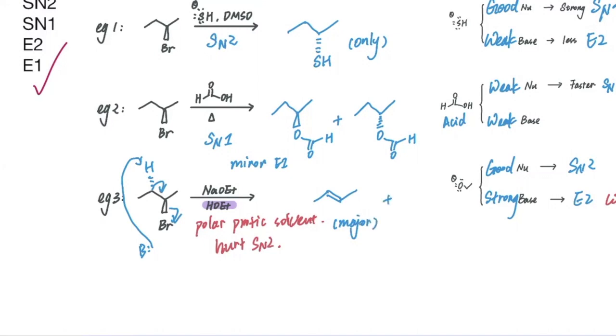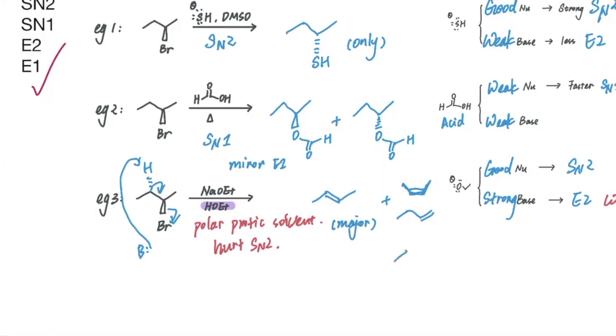And then there is SN2 as well. There are other elimination products as well, so you can write the rest of the elimination products. So that's a double bond, okay? And then also SN2. But this is all going to be minor.